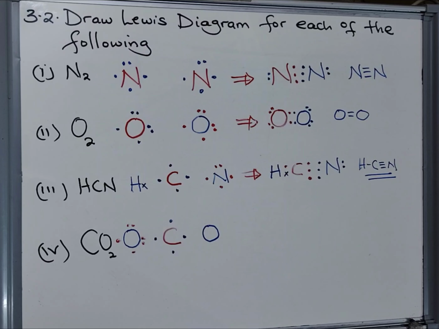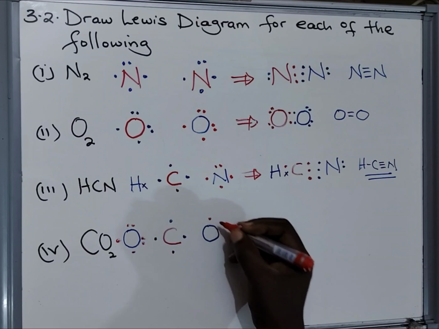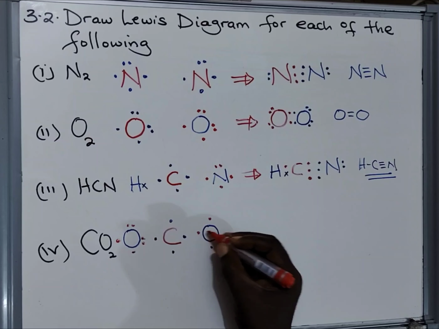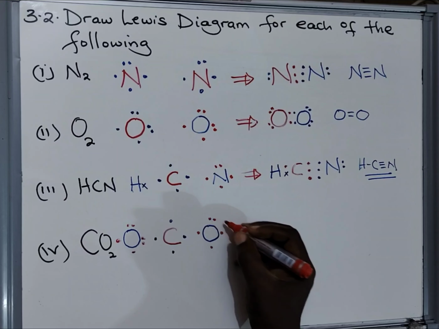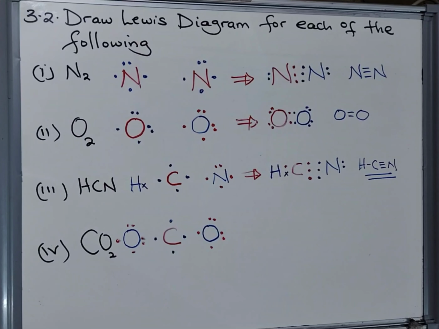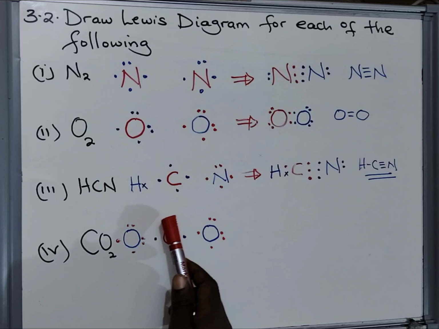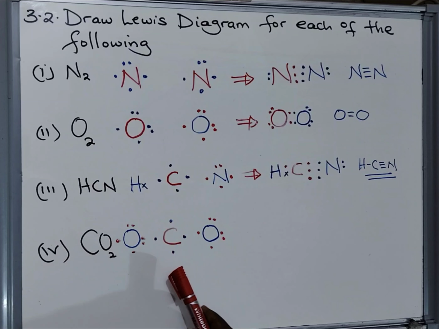So we can do the same thing that side. We can say it's 1, 2, 3, 4, 5, 6. So this is the situation we have. The central atom has 4 possible bonds which can be formed.